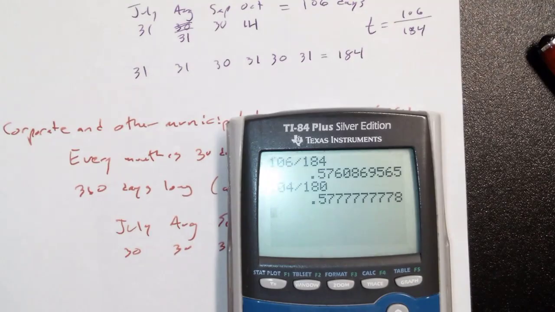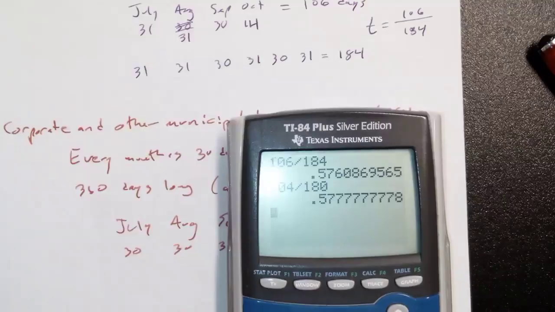They're not all that different, are they? 5761 versus 5777. They're really very close. But this rounded version makes the computation a little easier. So now I have to adjust my price by this value.